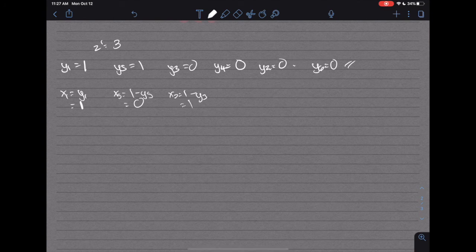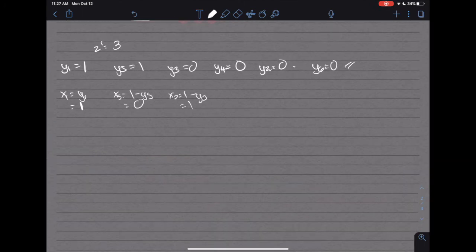Therefore, x3 is equal to 1. y4, y2, and y6 were not transformed. So, x4 is equal to y4, which is equal to 0. x2 is equal to y2, which is equal to 0. x6 is equal to y6, which is also equal to 0.